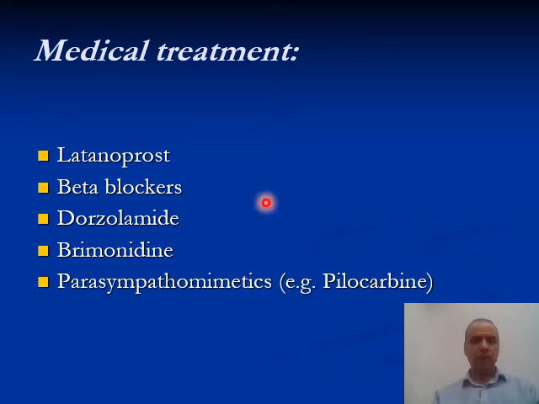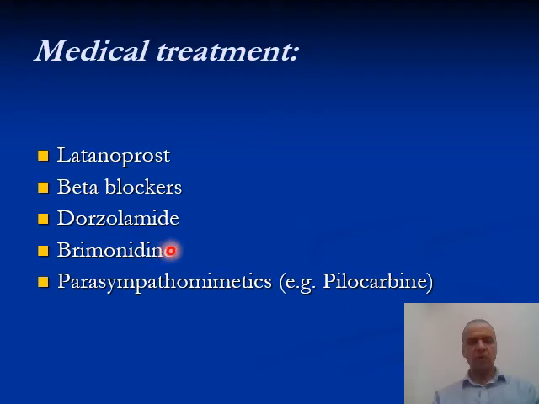Other drugs include beta blockers. It is an old and cheap drug. It acts by decreasing aqueous production. Dorzolamide inhibits the enzyme carbonic anhydrase and decreases aqueous production.